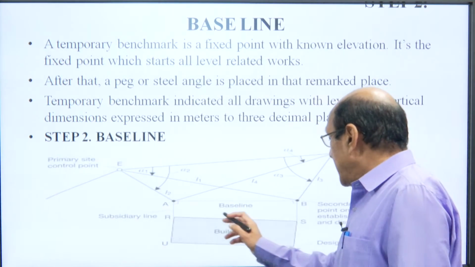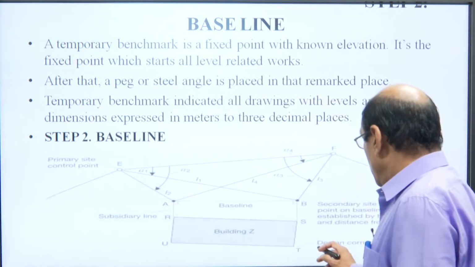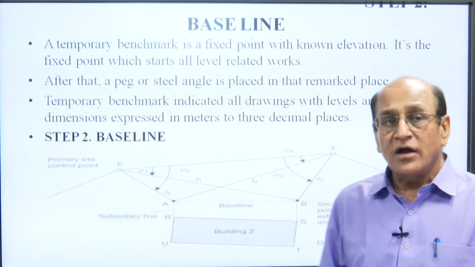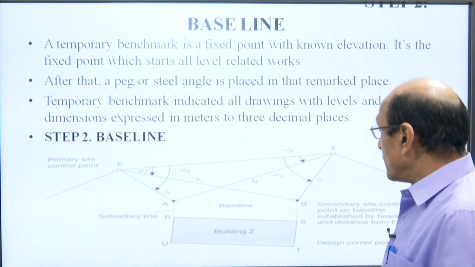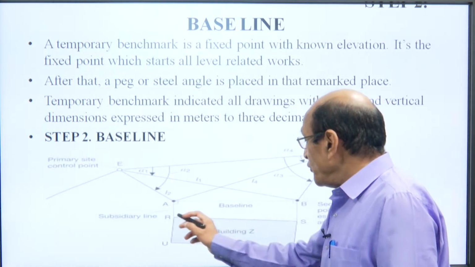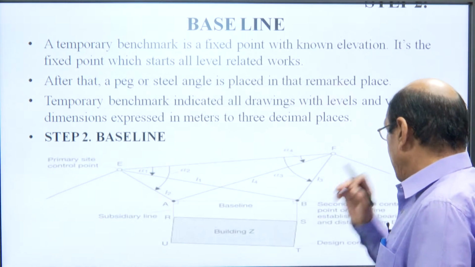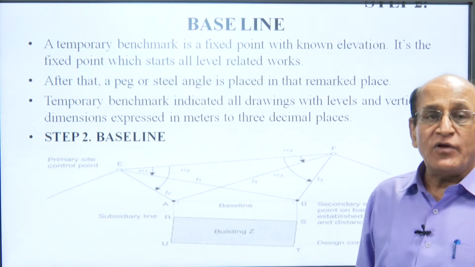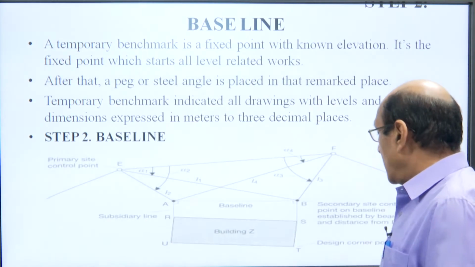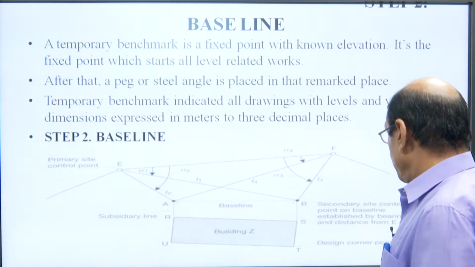Now, our building area is located at R, U, S, T. So, from the baseline we can easily calculate the position of R, the position of U, the position of S, and the position of T, and we can connect each, and then we will get the exact location of the building.